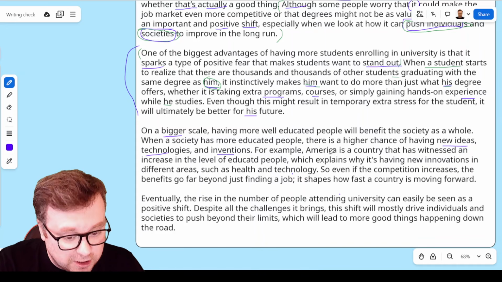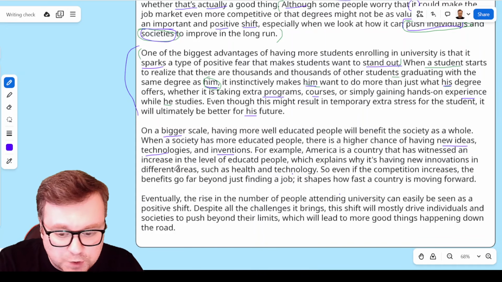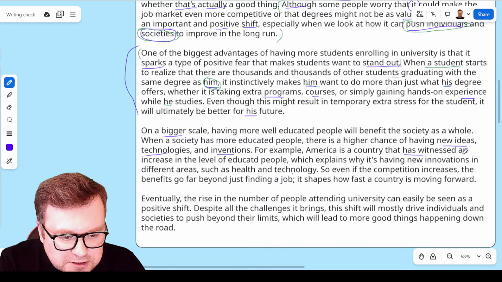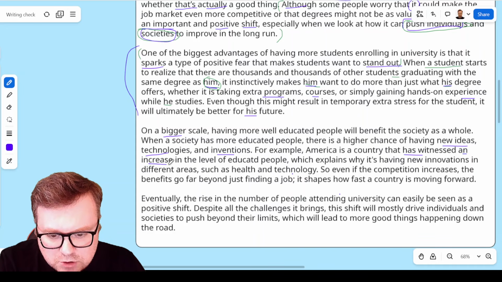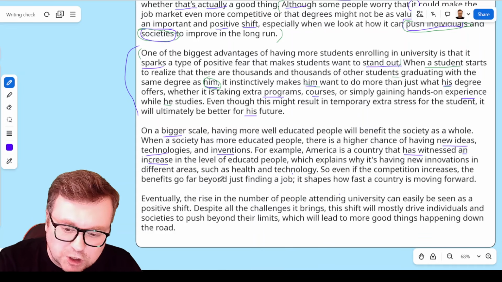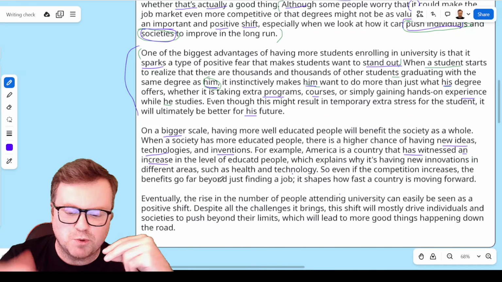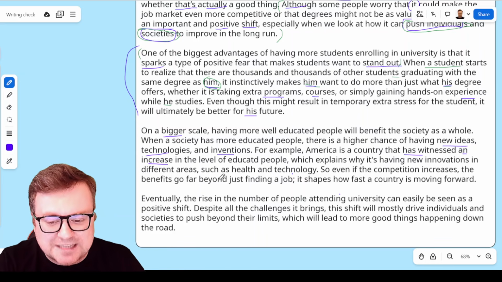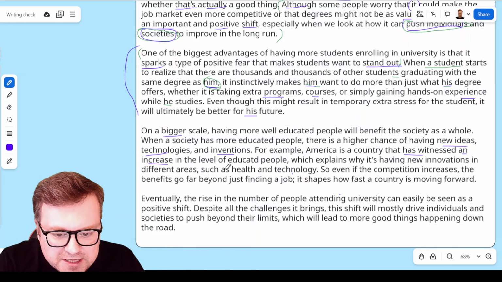and inventions. For example, cool, America is a country that has witnessed nice use of present perfect, good stuff, an increased, nice use of nominalization, using increase as a noun. It's very common. Nominalization is where we turn verbs into nouns, and it's a common feature of academic writing. An increase in the level of educated. We have a little typo here.